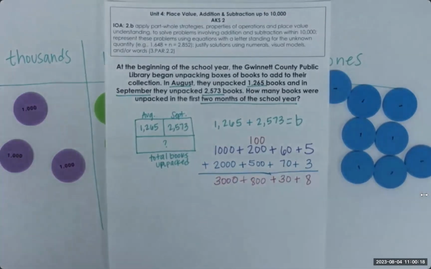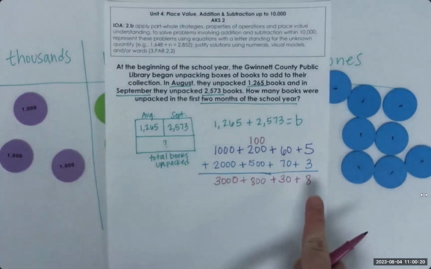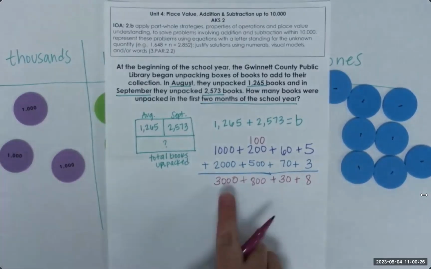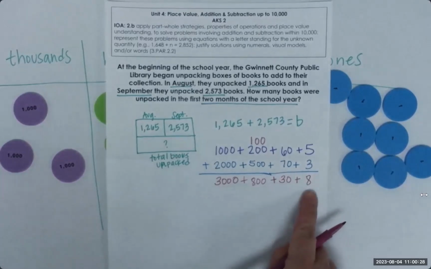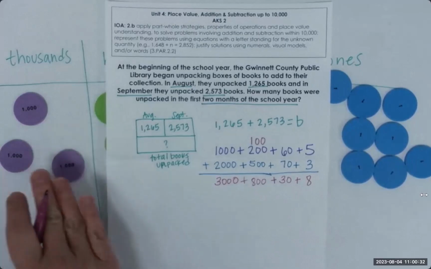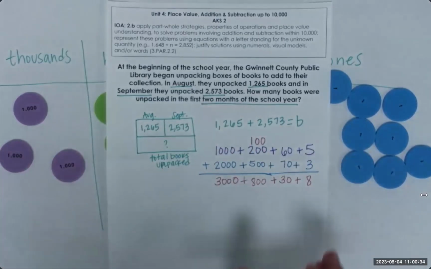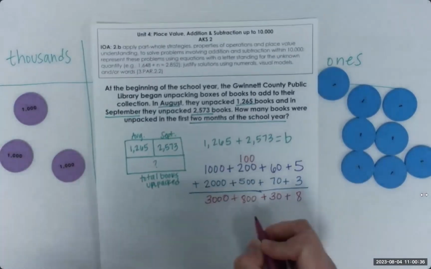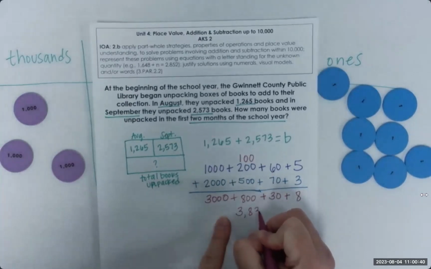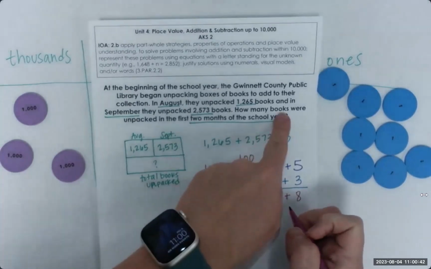in my thousands place. Now this is that expanded form equation. So we know we need to add those place values back together. I can very clearly see I have a digit in each place value from my thousands all the way down to my ones. So when I put this back in standard form, I get a total of 3,838 books.